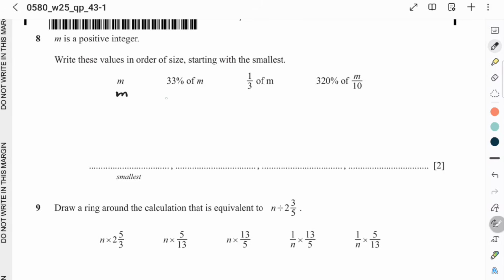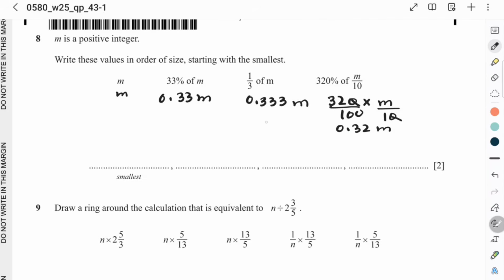So this is 0.33m, meaning 33 upon 100. 1 upon 3, you know that it is a recurring decimal, 0.333m, and this is 320 upon 100 times m upon 10, that is 0.32. 32 upon 100 is 0.32m, and this is 0.320, 0.333m, 0.330m, and this is 1m.